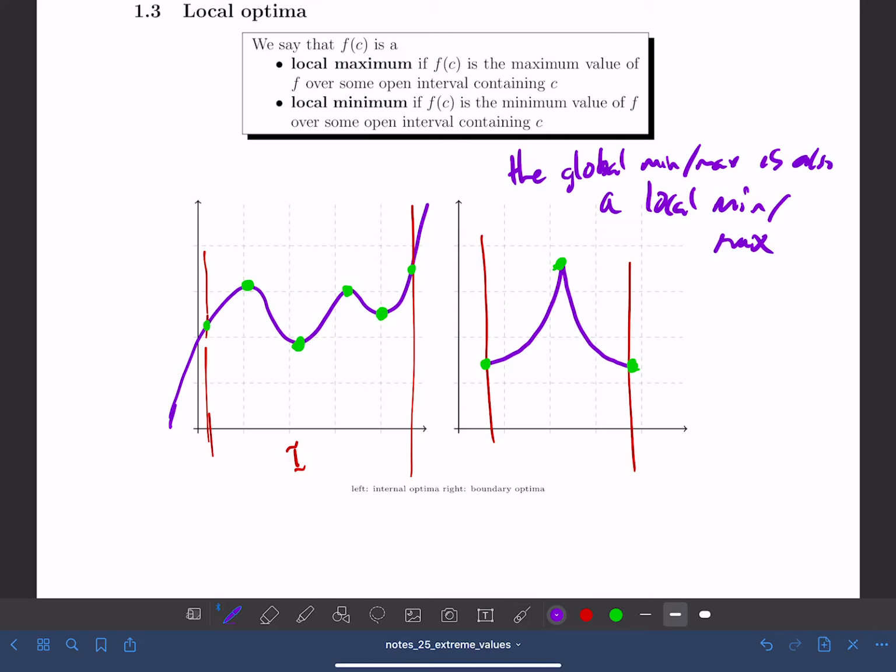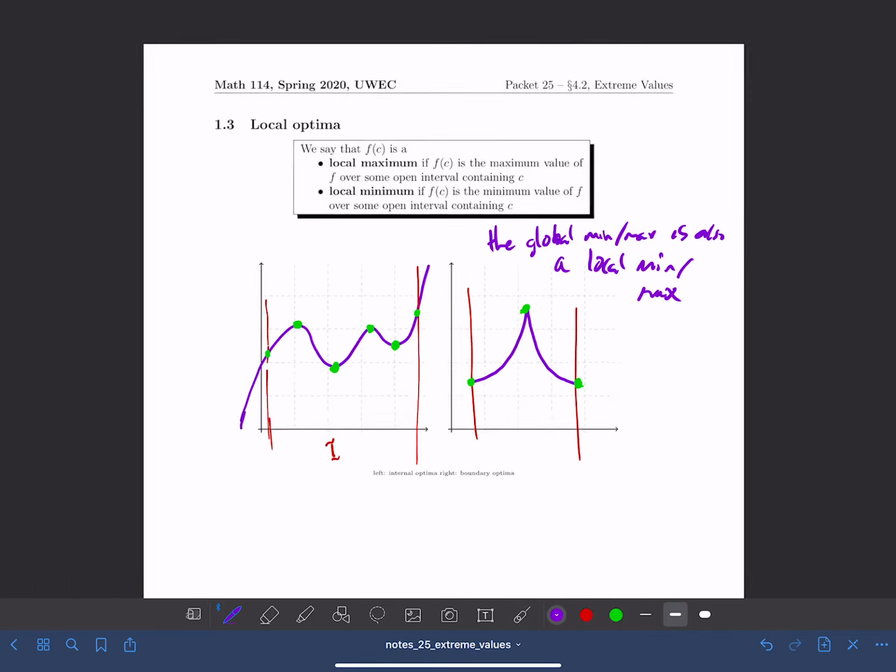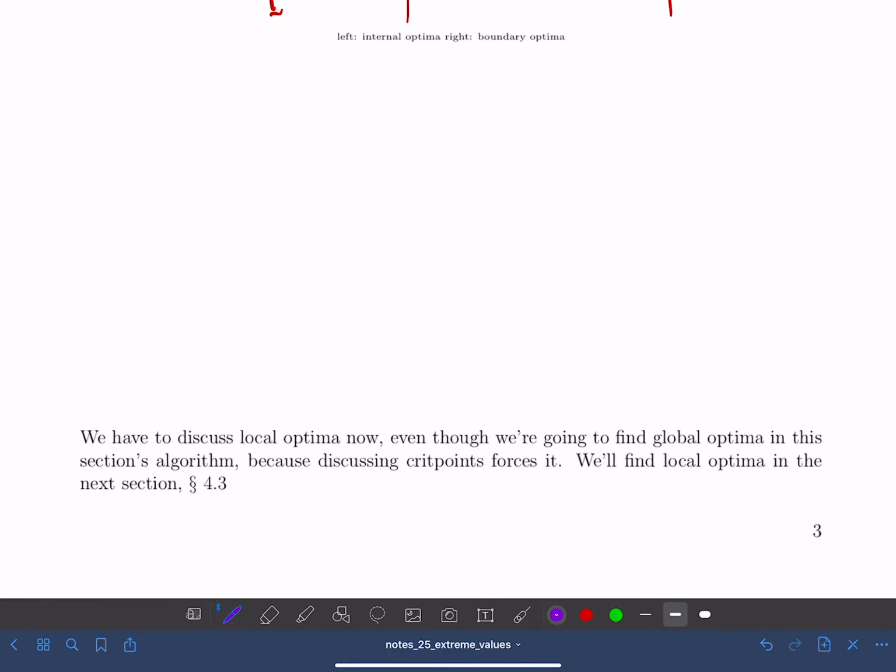In the section that we're working on right now, we're going to do an algorithm for finding the absolute min or max. And when we come to the next section, we're going to talk about how to find all of these. So an algorithm for dealing with these is upcoming. I say we have to discuss local optima now, even though we're going to find global optima in this section's algorithm, because discussing critical points forces it. We'll find local optima in the next section, section 4.3.